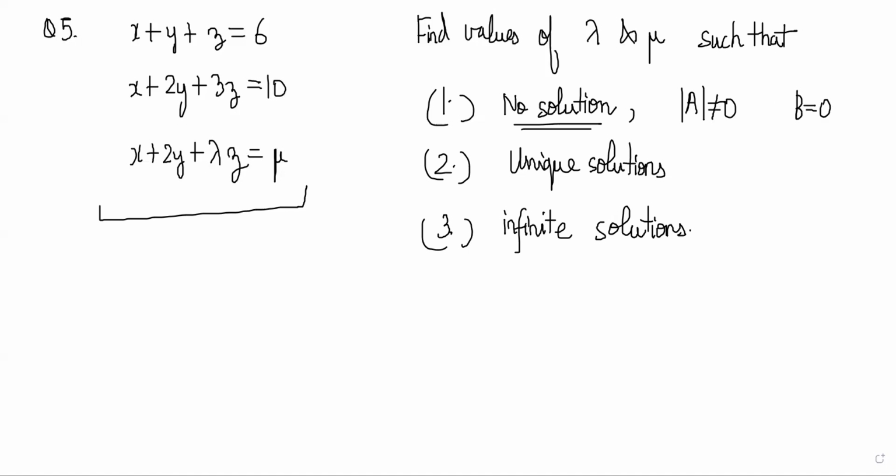No, it's adjoint of A into B. What is the condition for no solution in a non-homogeneous system? Yeah, the condition is that det of A is equal to 0, but adjoint of A into B is not equal to 0. That's what I said.